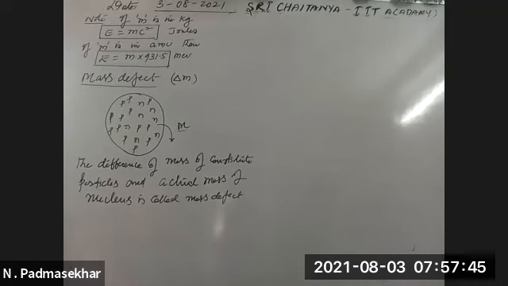Okay, ఏ విధంగా mass defect ని find out చేస్తాం అంటే ఇప్పుడు చూడండి, the total mass of the protons. So what are the constituent particles? Protons and neutrons.